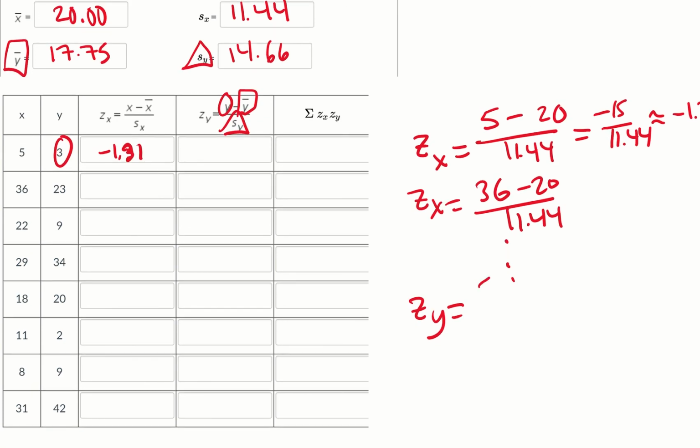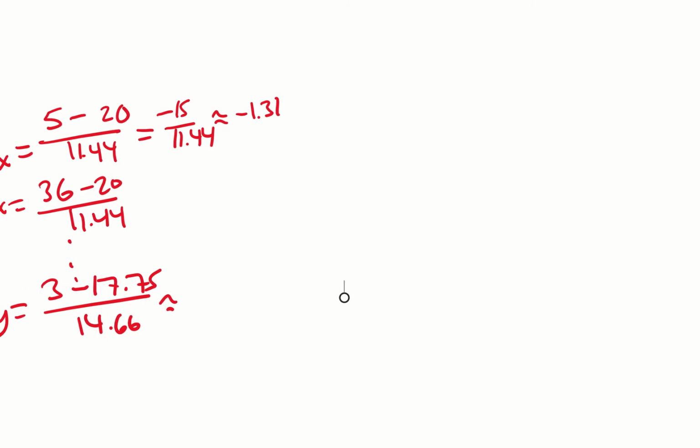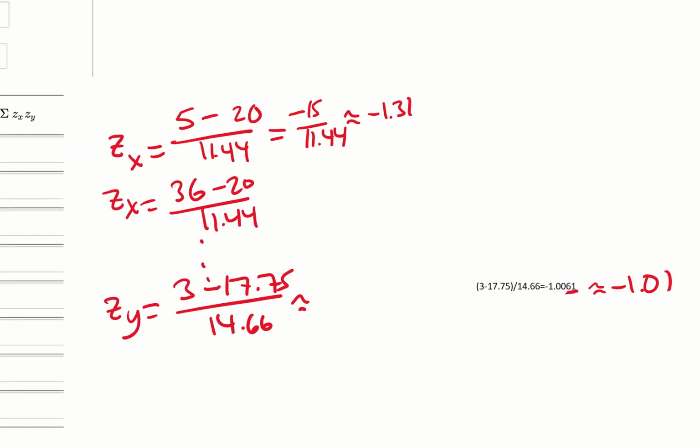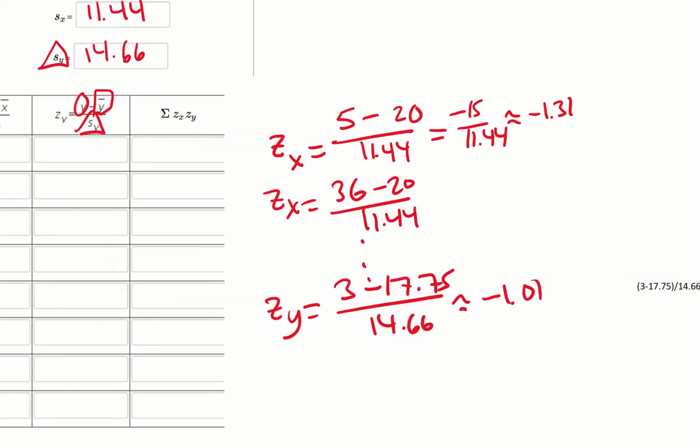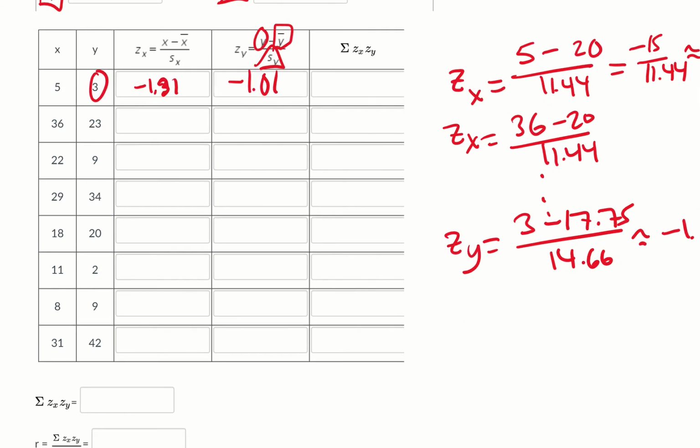So we have 3 minus 17.75 over 14.66. When you do this on the calculator, make sure you put parentheses on the numerator, just like I'm doing here. And then you get negative 1.01, because we have to round that because of the 6. So negative 1.01. Okay, and then you repeat that to get the rest of the numbers here.